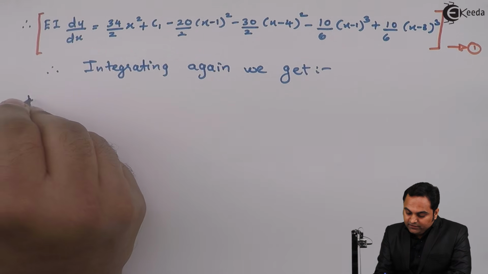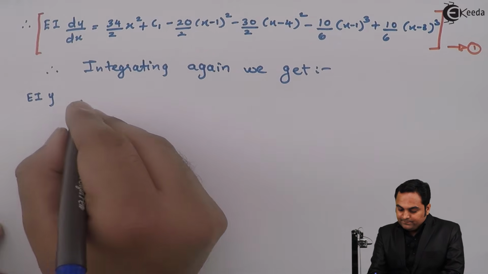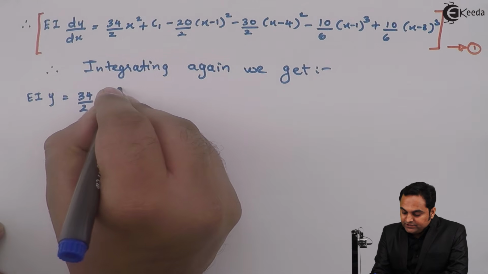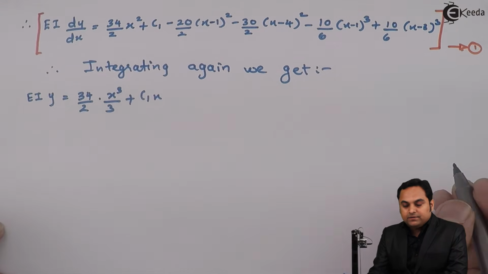Here we have EI, it will remain as it is, dy by dx, that is equal to y, then 34 by 2 x square, integration is x cube by 3 plus c1, integration is c1 into x.